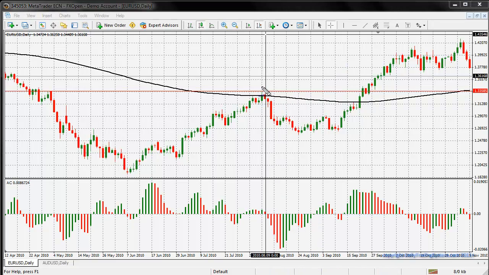So let's see if we can just write these down so you can see. Alright, so we've got red bar, beg your pardon, red bar number 1, it's below the vertical scale, so that's good. We want that. And then we've got the red candle right here. It closes and it also opens below the 200 moving average, so that's good.